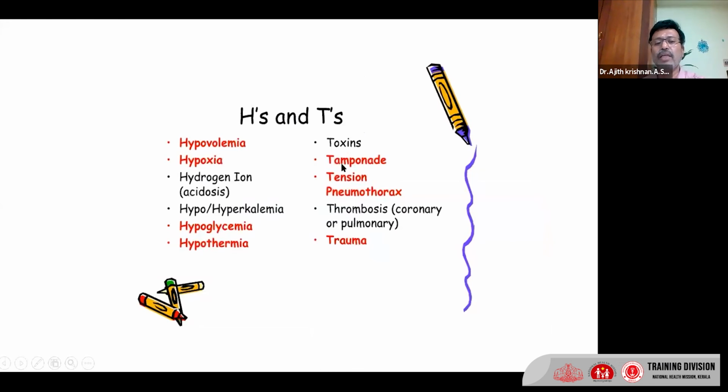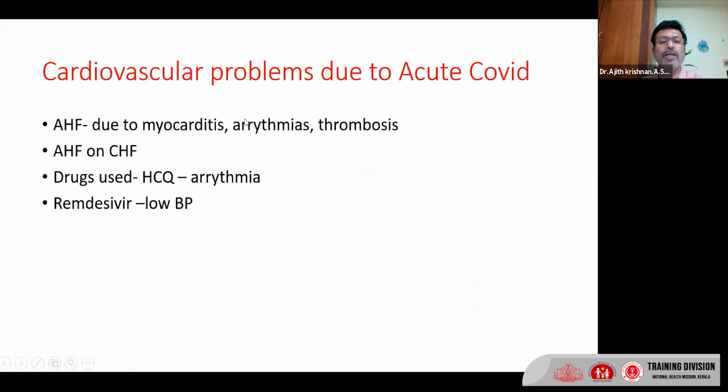Then toxins, tamponade, tension pneumothorax, I have to look for, and trauma. And cardiovascular problems due to acute COVID. So you can get myocarditis, acute heart failure due to myocarditis, arrhythmias and thrombosis. In a child with chronic heart failure, you can get an acute heart failure due to COVID. And drugs used in COVID like HCQ can produce arrhythmias, and remdesivir sometimes produces a low BP.